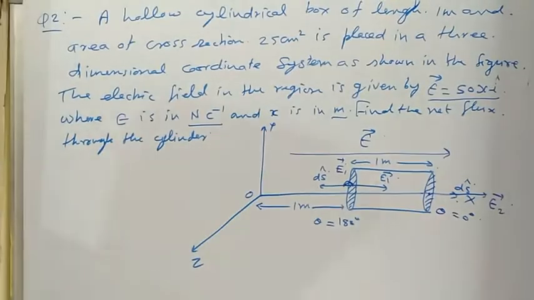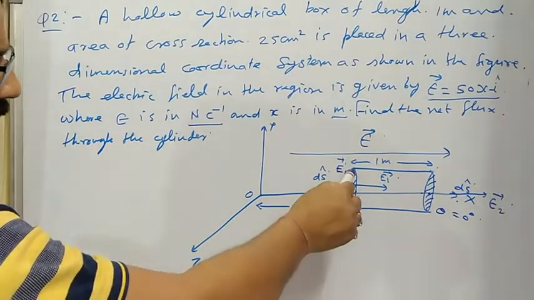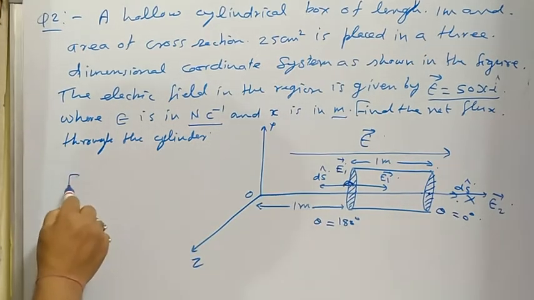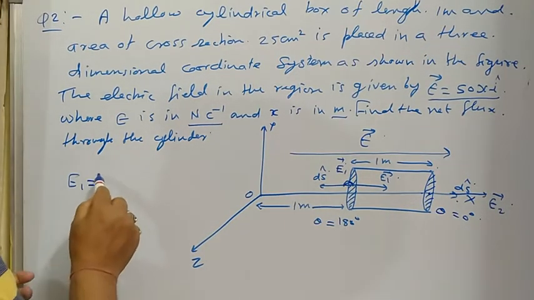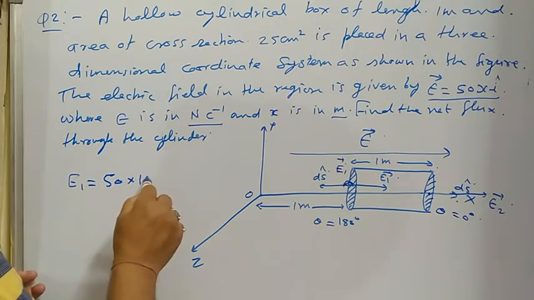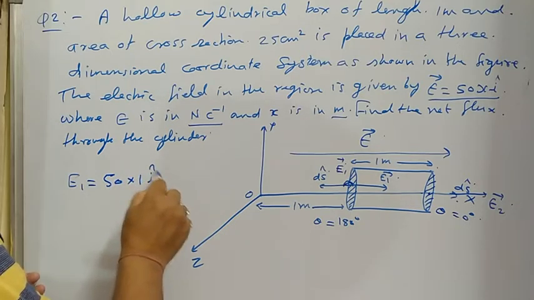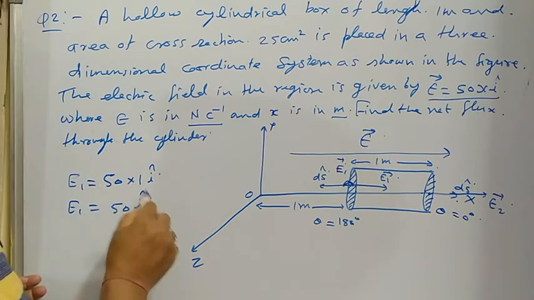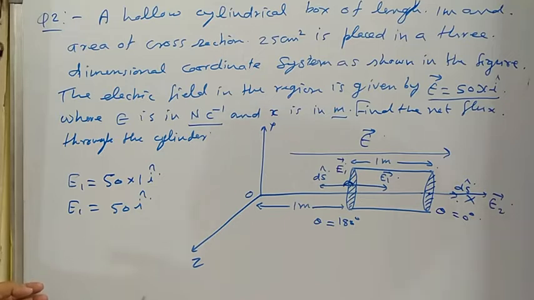First, the strength of the electric field at the left end of the cylinder: E1 equals 50 into 1 i cap, or E1 can be written as 50 i cap, numerically 50 Newton Coulomb inverse.